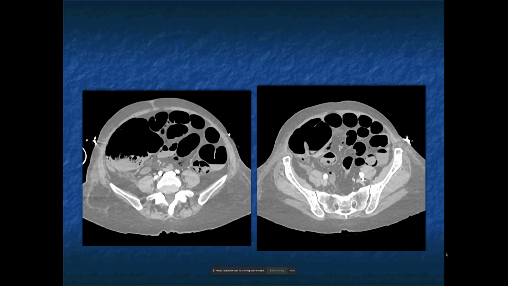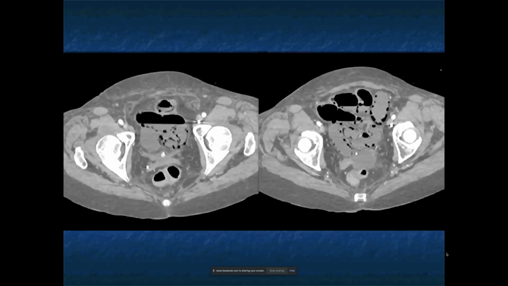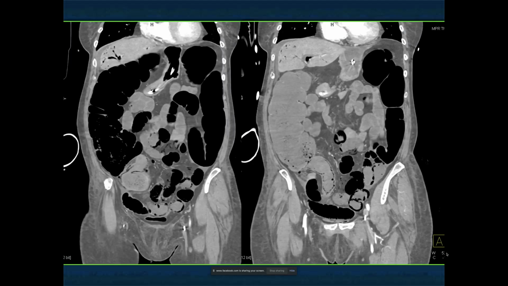When you see air in the bowel wall, there are reasons you can have it that aren't worrisome, sometimes a procedure or a biopsy, but you're always going to have to worry about ischemic bowel. When you see air within the bowel wall and you see air within venous structures, and here's a really impressive example through the pelvis where there's extensive pneumatosis, what you have to worry about is ischemic bowel.